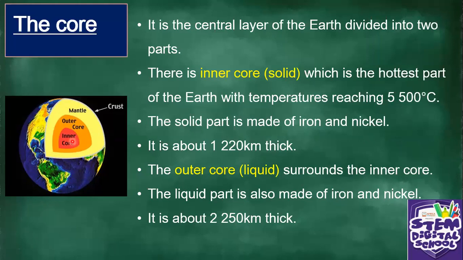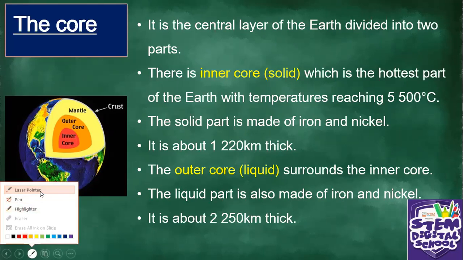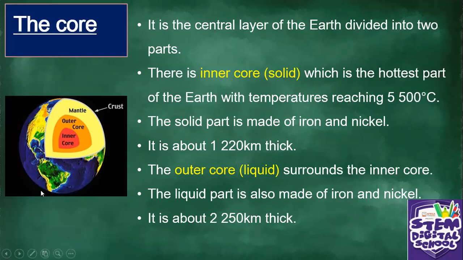There is the inner core, which is solid, and which is the hottest part of the Earth, with temperatures reaching 5.5 degrees Celsius. It's very hot there. The solid part is made of iron and nickel. It is about 1,220 kilometers thick.